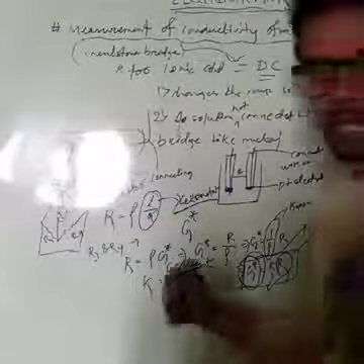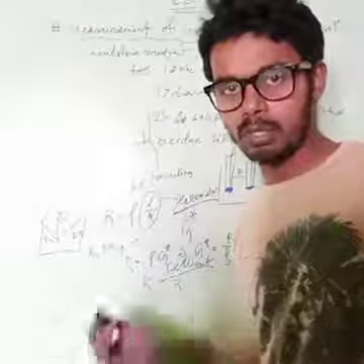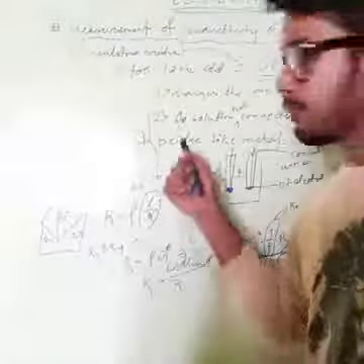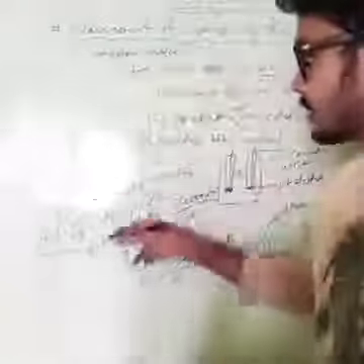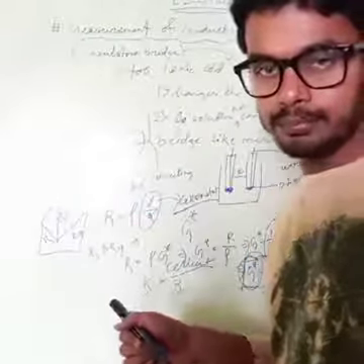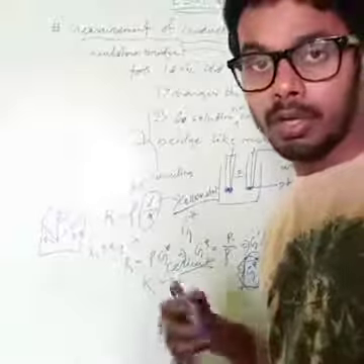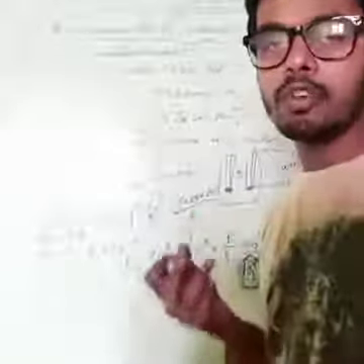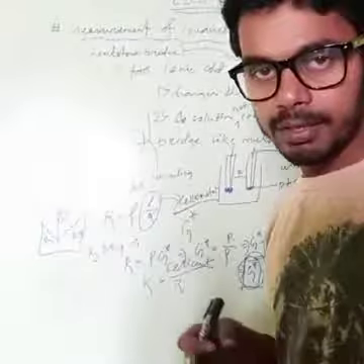Okay, if any one of the values is given in your question, then you can easily calculate the other one. This is how you need to solve the problems regarding resistance or metallic conductance. Okay, next we will go to molar conductance, the new term for calculating the conductance of an ionic electrolyte.